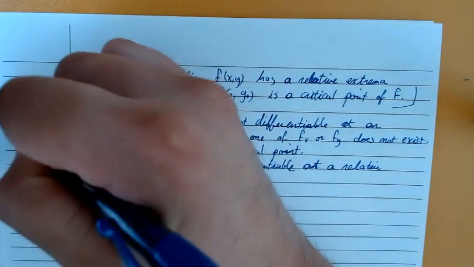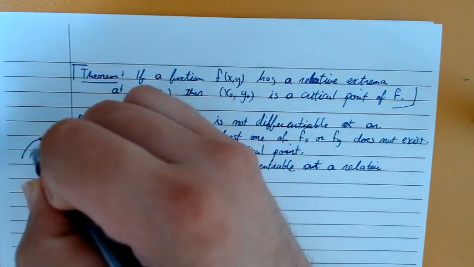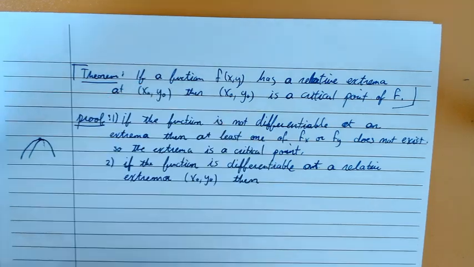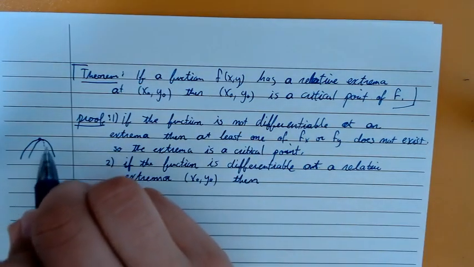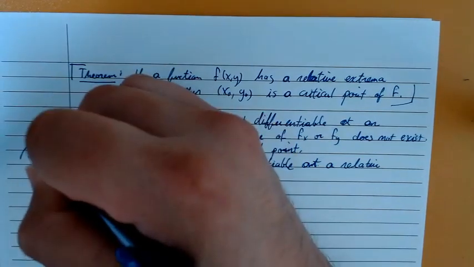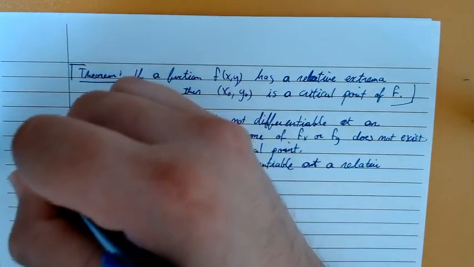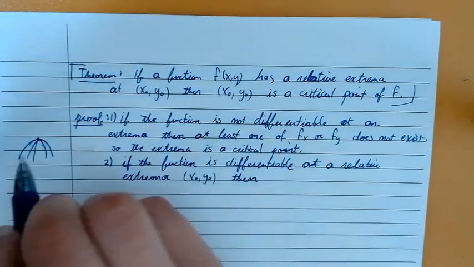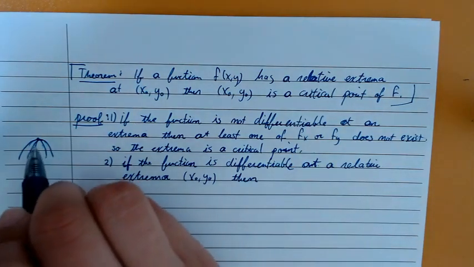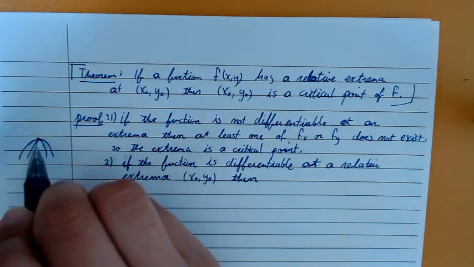If that's a relative extrema here, that means it doesn't matter which path I go, that has to be an extrema of this curve, and it has to be an extrema of this curve and this curve. Every path that I take, it would have to be an extrema of that path.